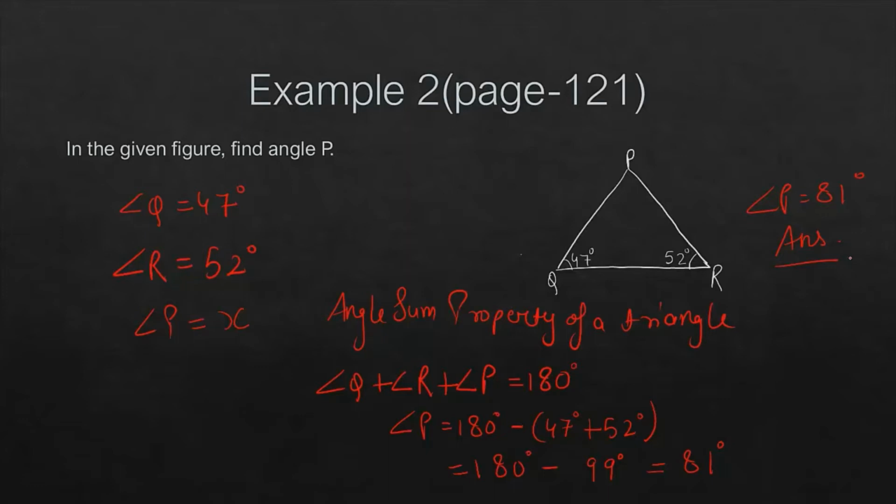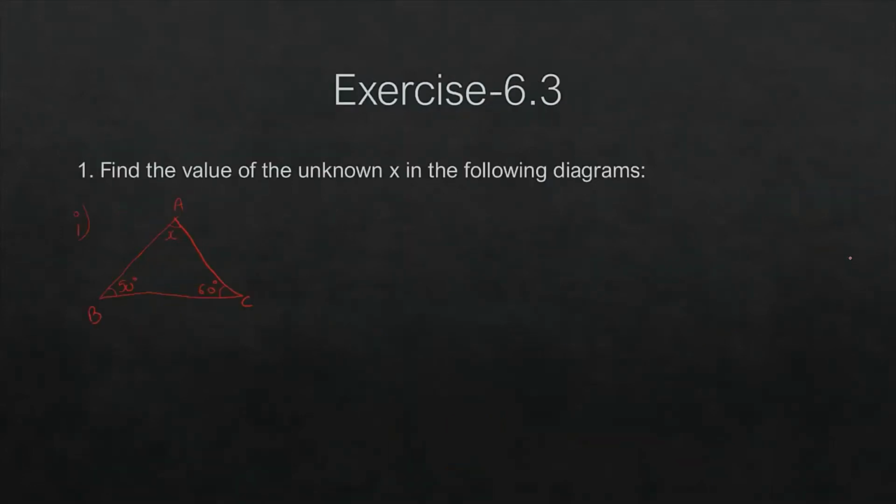Let's now move on to the next question. Exercise 6.3. First question, find the value of the unknown x in the following diagrams. Here we have to find the value of x, which is angle A. So 180 is equal to angle A plus angle B plus angle C, according to the angle sum property of a triangle.